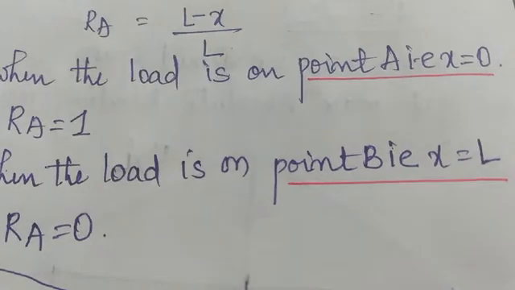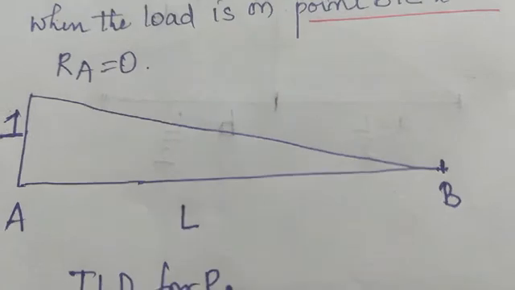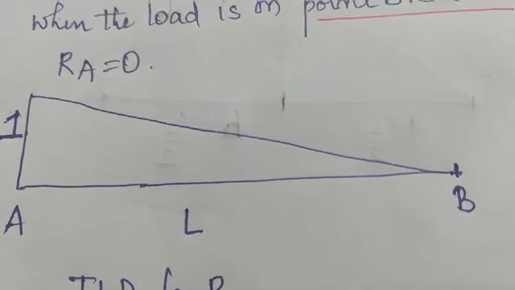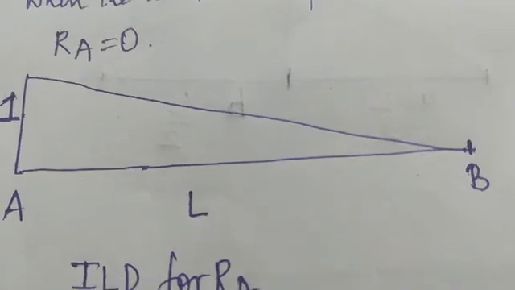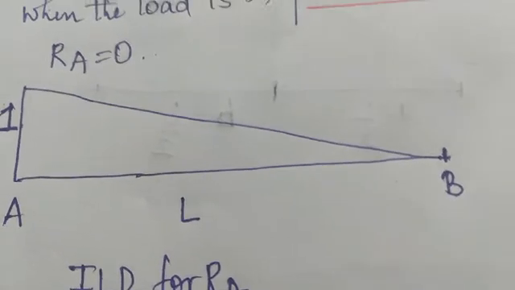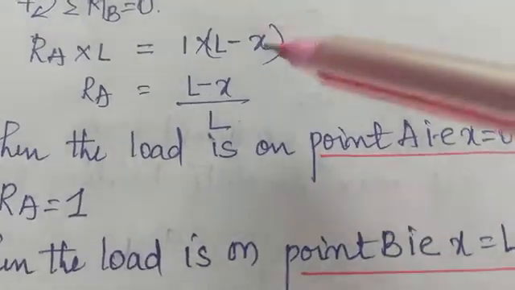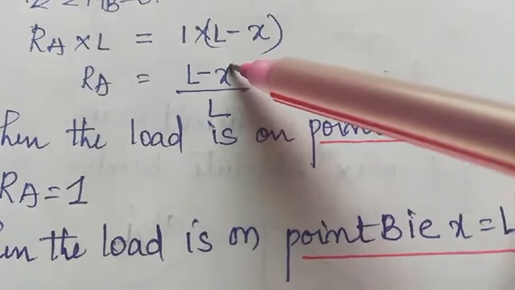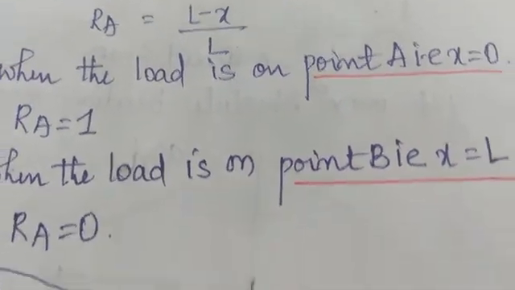When I plot this diagram, that is the values for RA at x equal to 0 and x equal to L, I will get a triangular shape. Now this is linear because here the power of x is 1. That's why it is a linearly varying diagram.